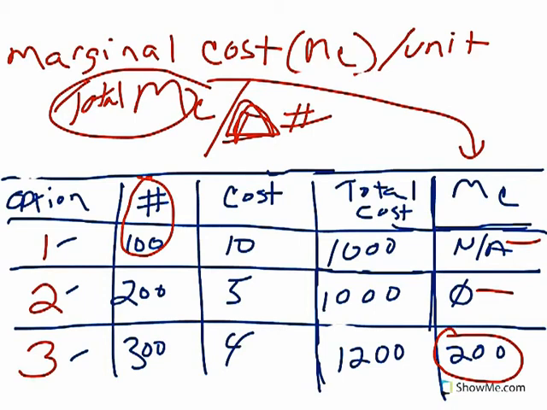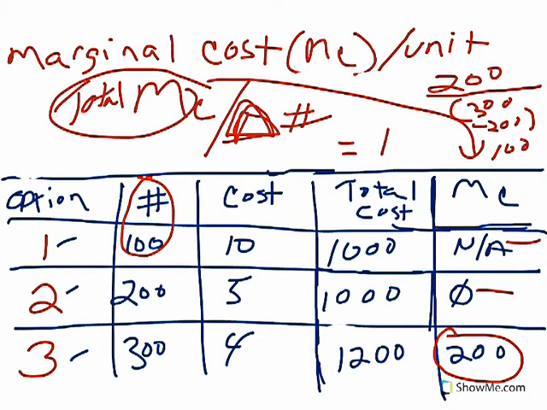We know that total marginal cost, our numerator, is $200. The change in units from 2 to 3 is simply 300 minus 200, or 100 units. 200 divided by 100 is equal to 1. So our marginal cost per unit is going to be $1. That's how you calculate marginal cost on a total and on a unit basis.